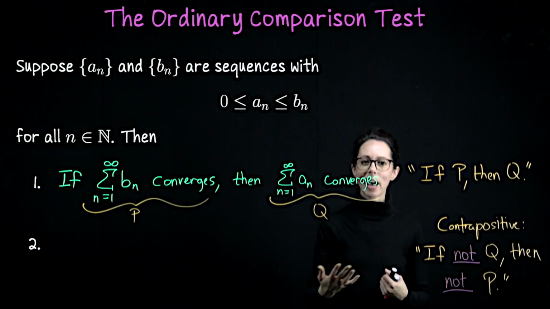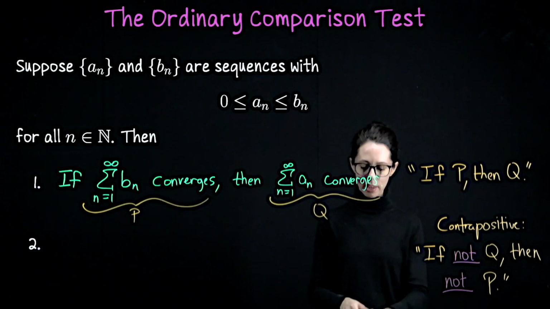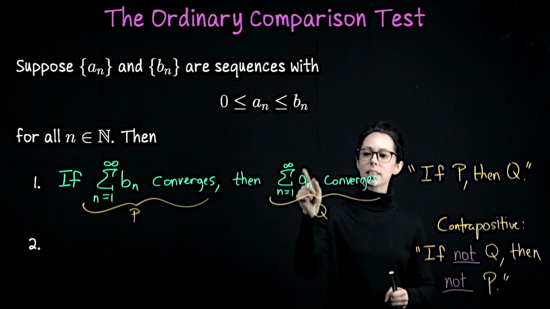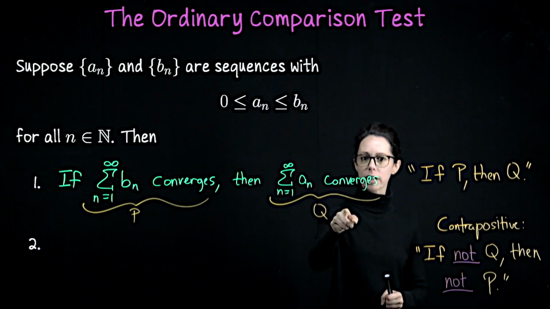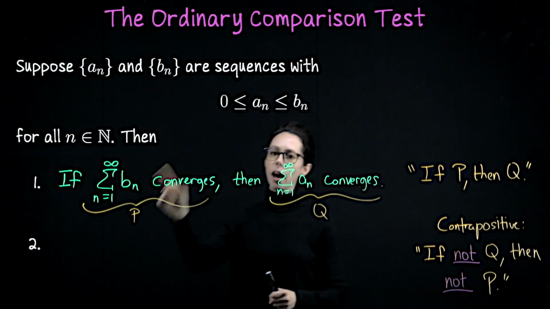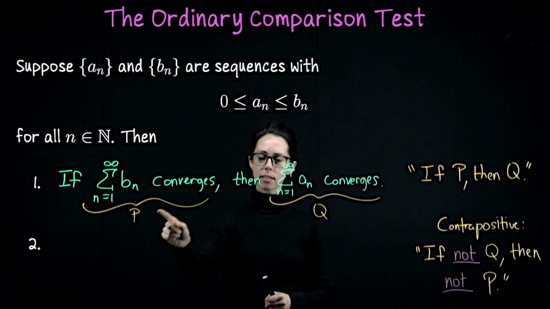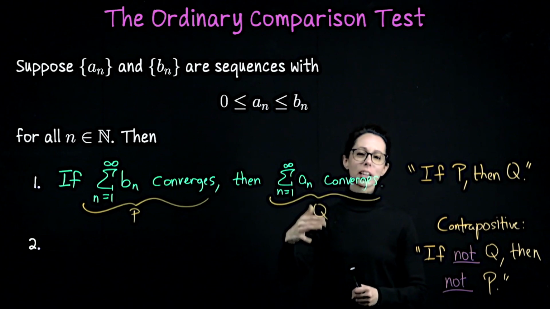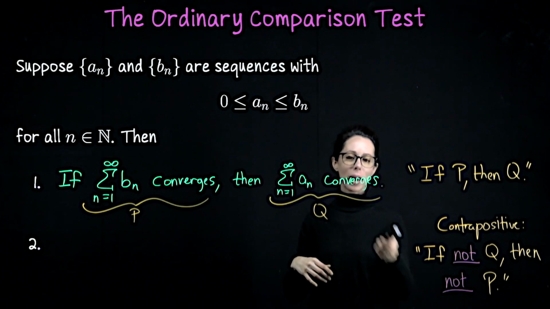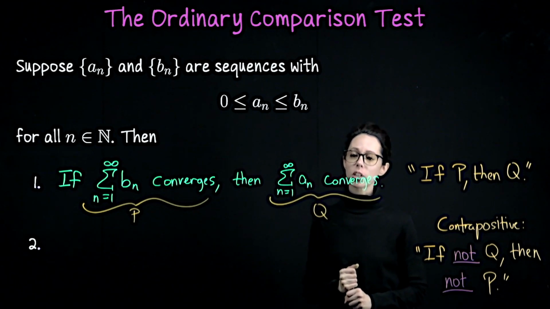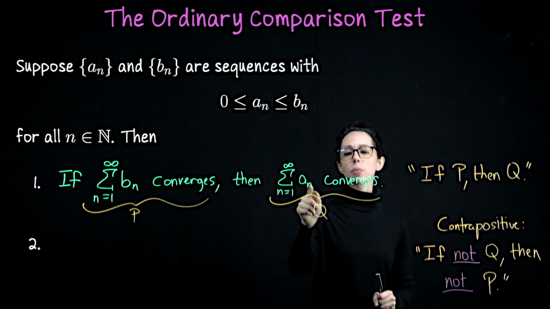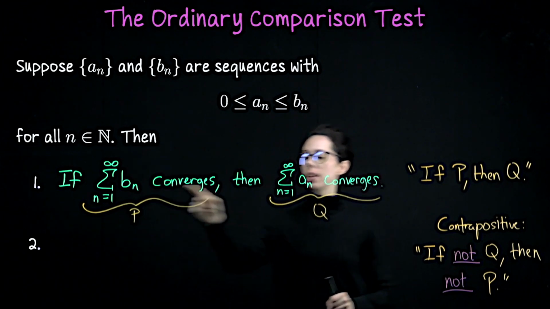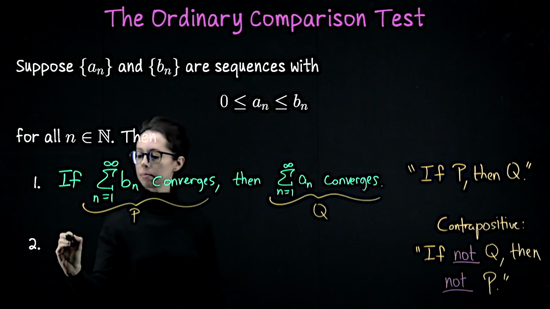So I'll do this out loud and then I'll write it in a better form. That would be if it's not the case that AN converges, then it's not the case that BN converges. But not converging is called diverging. So the better way to phrase the contrapositive of this first statement is if the series with AN diverges, then the series with BN diverges.